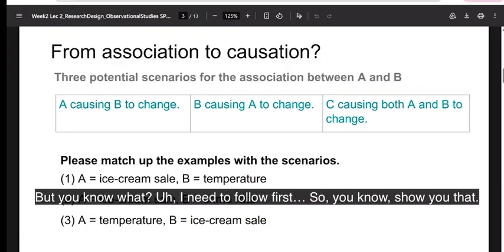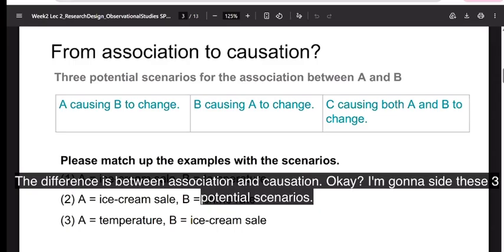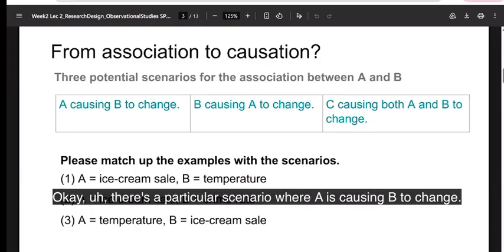But I need to show you that a difference exists between association and causation. I'm going to cite these three potential scenarios. There's a particular scenario where A is causing B to change.